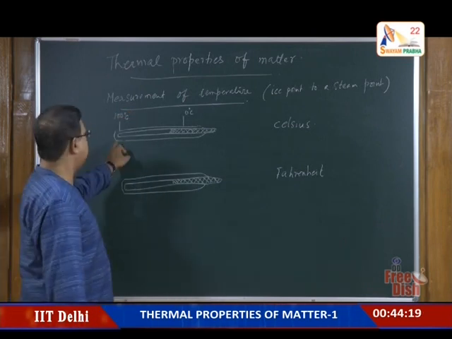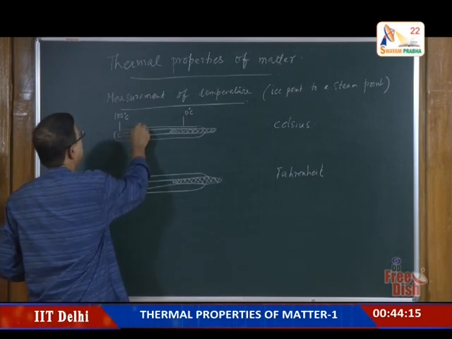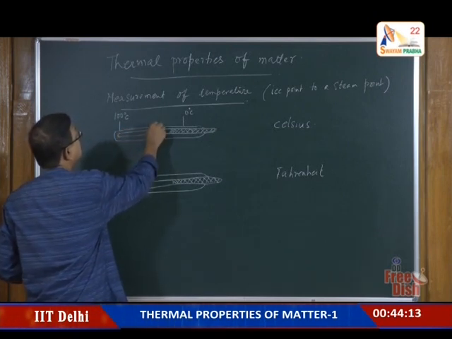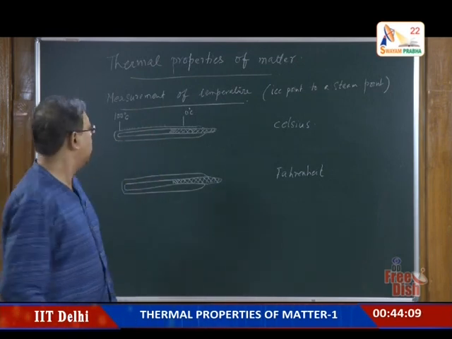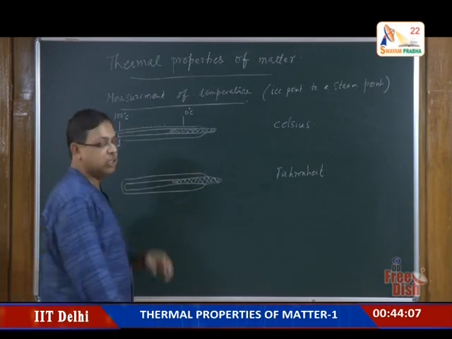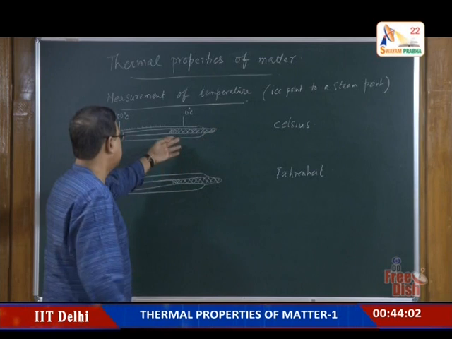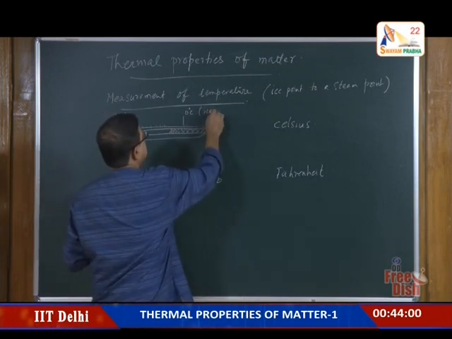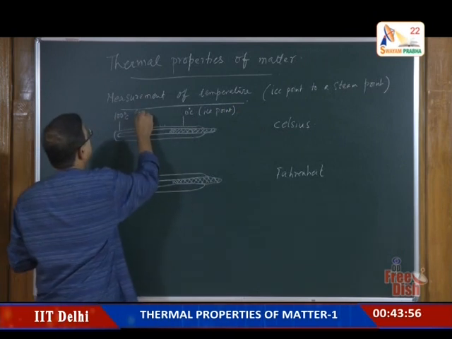So, there are 100 divisions marked on the outer wall of the thermometer. Of course I'm not going to mark 100 divisions, but there are 100 divisions in between these two, namely the ice point, which is here, and the steam point, which is here.